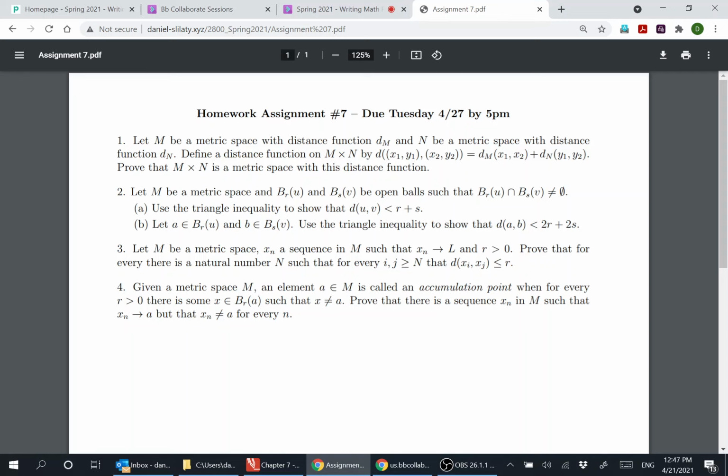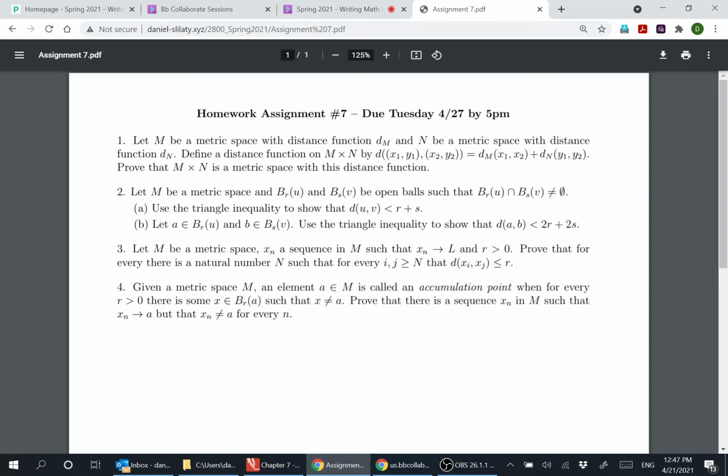You have the open ball of radius r around u, and you have the open ball of radius s around v. Now r and s are given. Let M be a metric space, and these guys are open balls. Assume that their intersection is non-empty, that there is something inside there. All right, so there's some z, an element z in the intersection of those two balls.